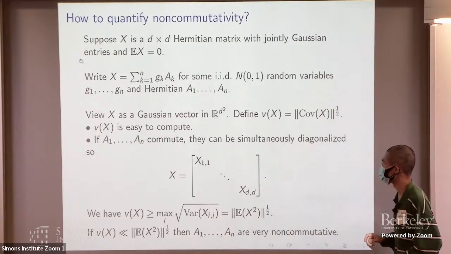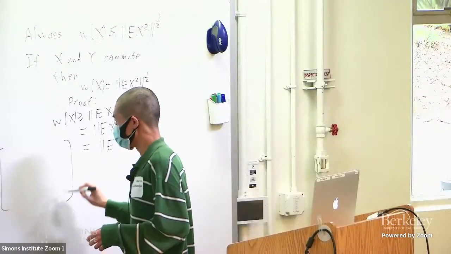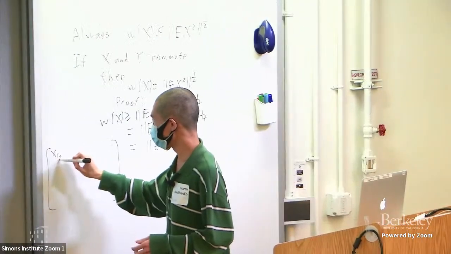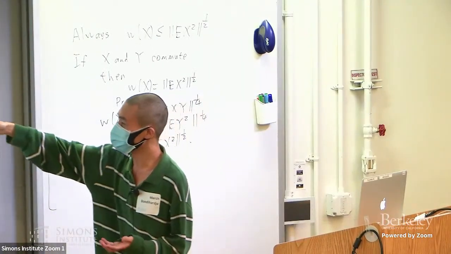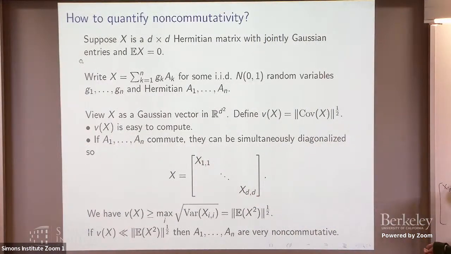Let's look at the covariance. What's the covariance matrix going to look like? The covariance matrix of this is really just the covariance of the diagonal. So you will see the expectation of x11 squared, x22 squared, dot, dot, dot, up to the expectation of x_dd squared. Never mind the other entries.